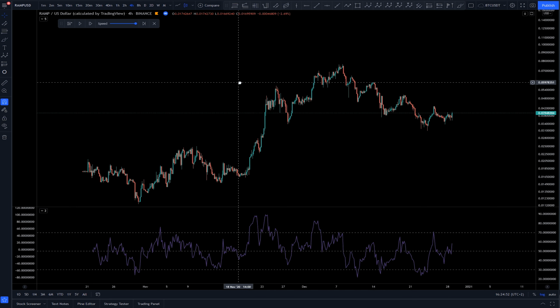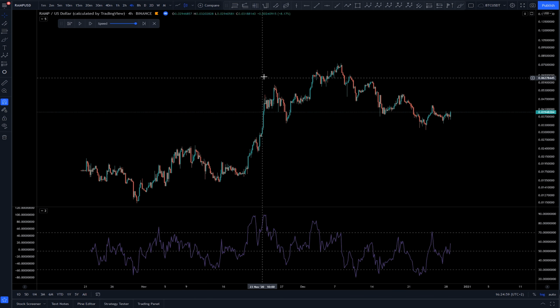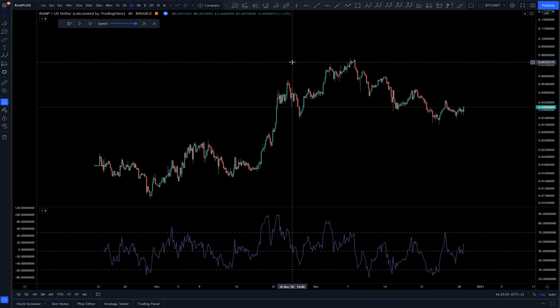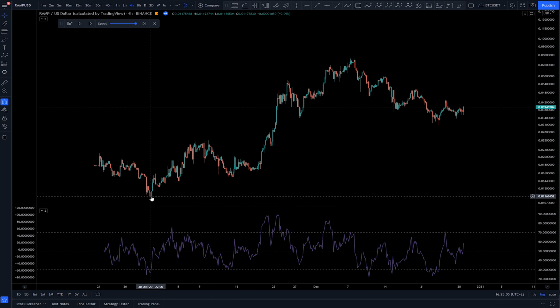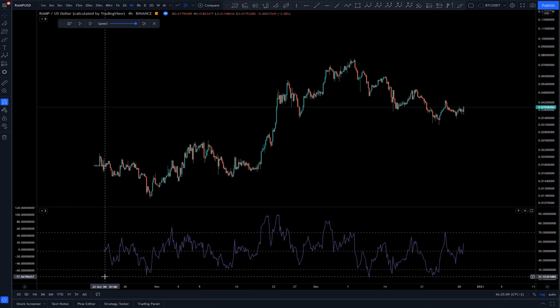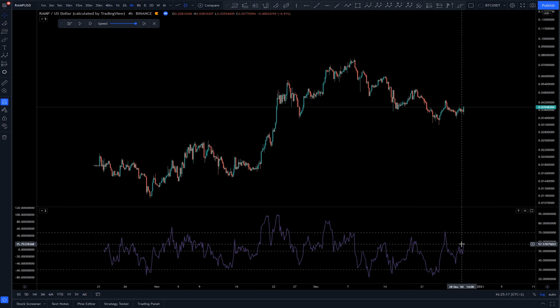So let's jump into it now. This is a chart of RAMP USD on Binance on the four hours time frame. What I usually do is find the bottom of some structure. Before we start again, this is a snippet of RAMP from October 2020 into the end of the year, December 2020.